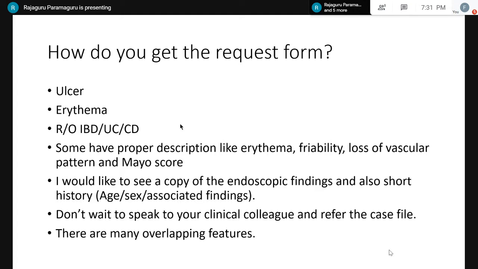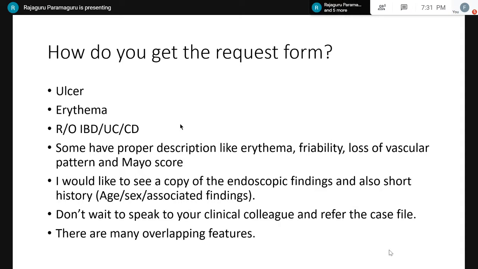With these, you get a better idea of what you are going to deal with, like which part of the colon is involved. Is it the rectum? Is it only the sigmoid or something proximal to it? Is it a contiguous involvement, or is it a skip lesion? Is it a well-defined ulcer, or just an erythema or friability?